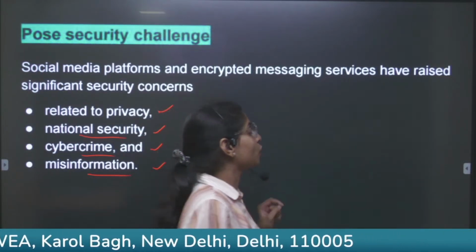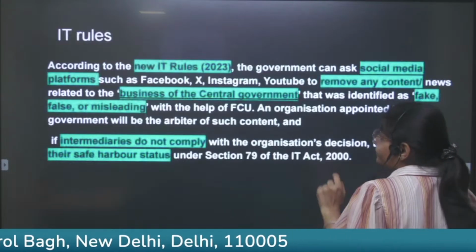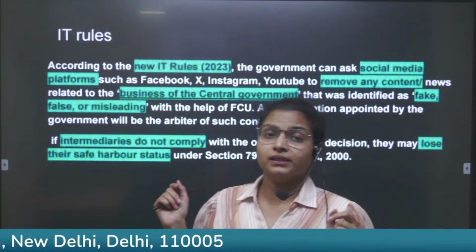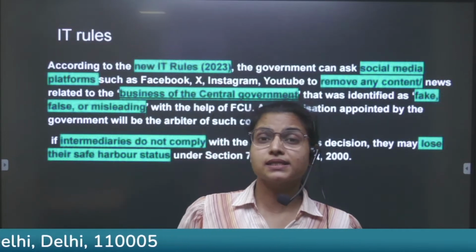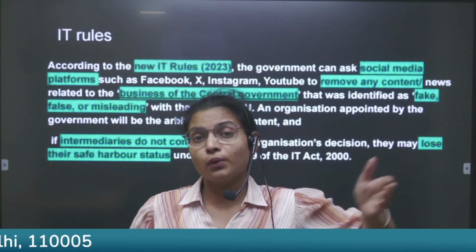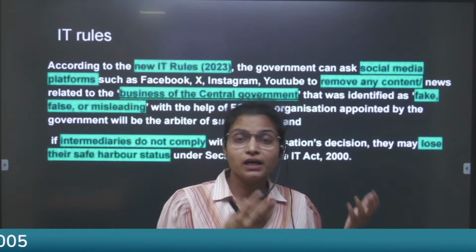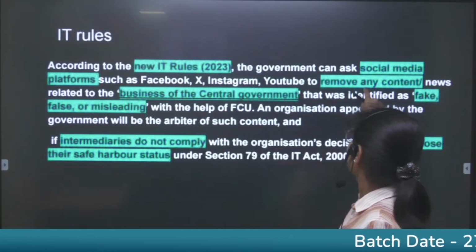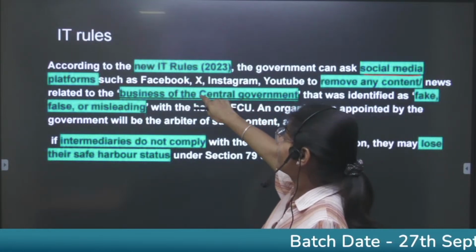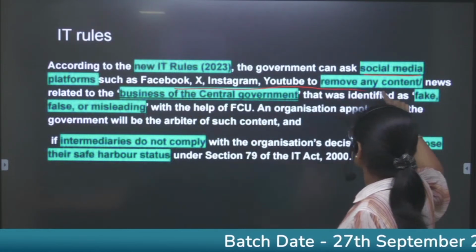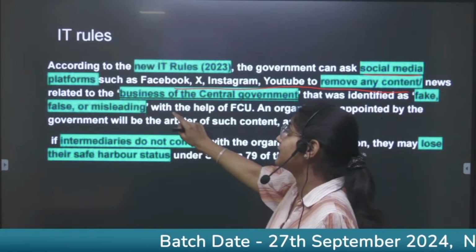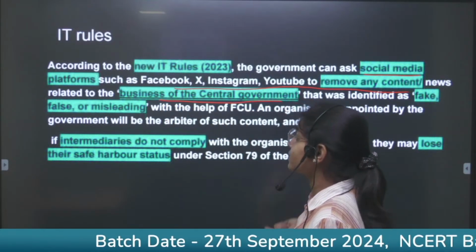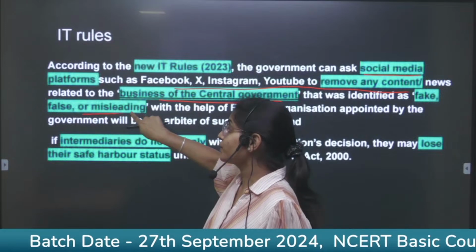And another thing I also want to tell you: in September we had discussed the recent judgment of the Bombay High Court with regard to the IT rules amendment. What was the IT rules amendment there? That social media platforms like Facebook and Instagram have to remove any content relating to the business of the central government if it is false or misleading.